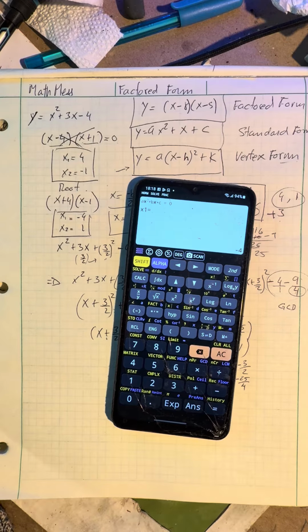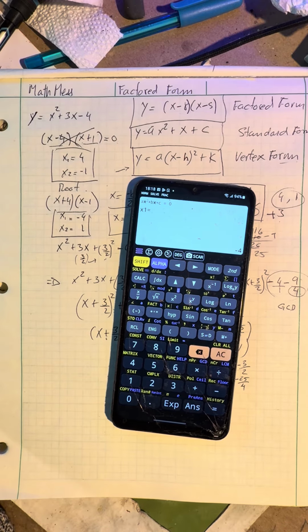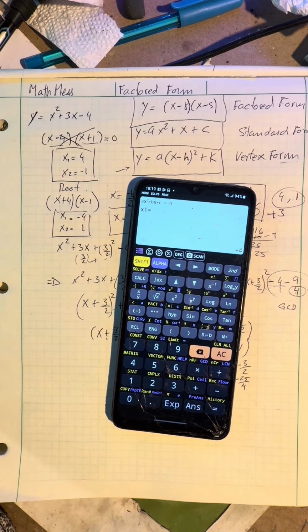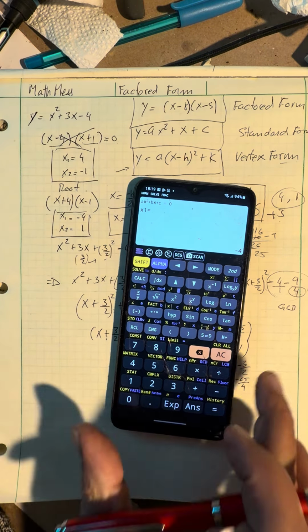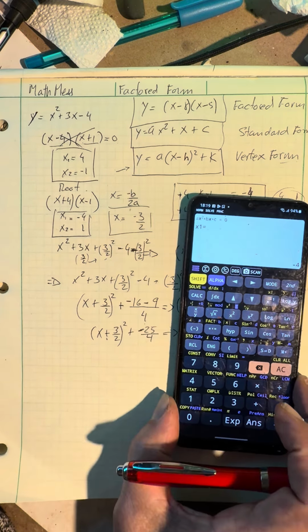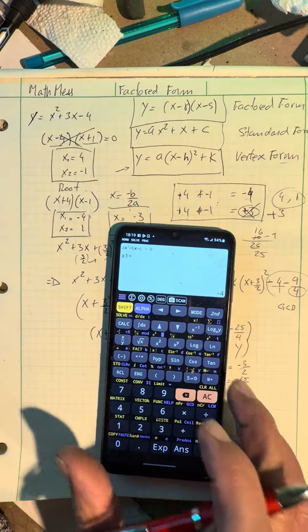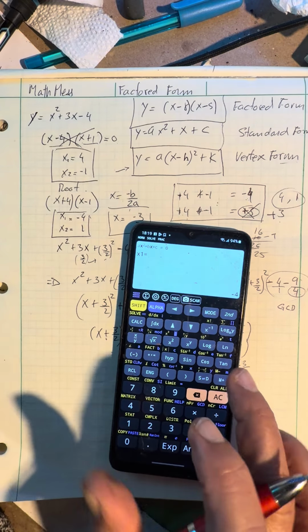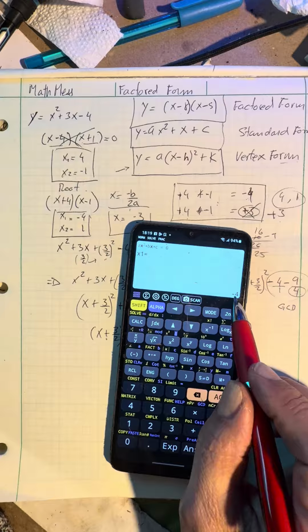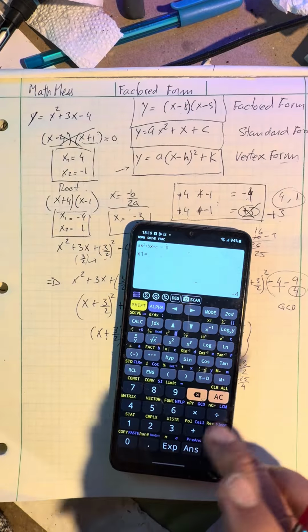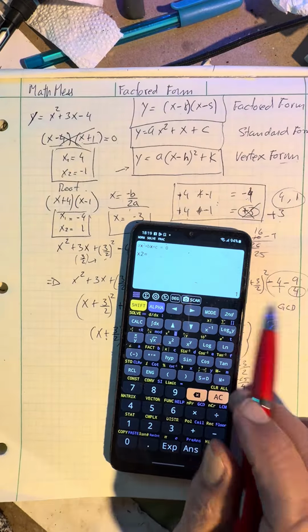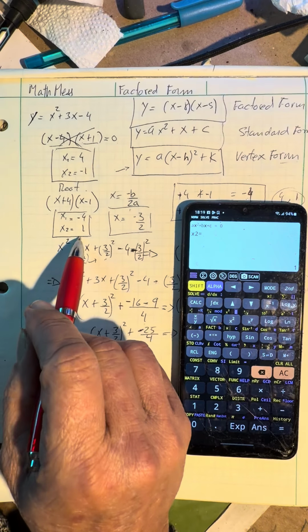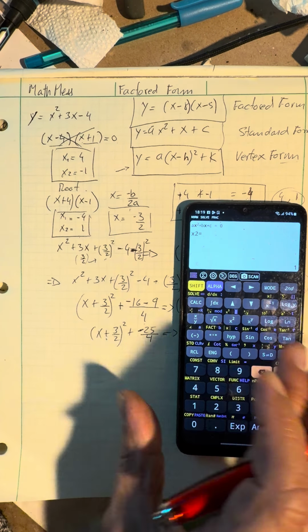It does give you everything, and any questions you have, you can find with the calculator. That's why I like it. Okay. So you can see now that we're getting our minus 4, and the next is 1, which coincides with our findings.